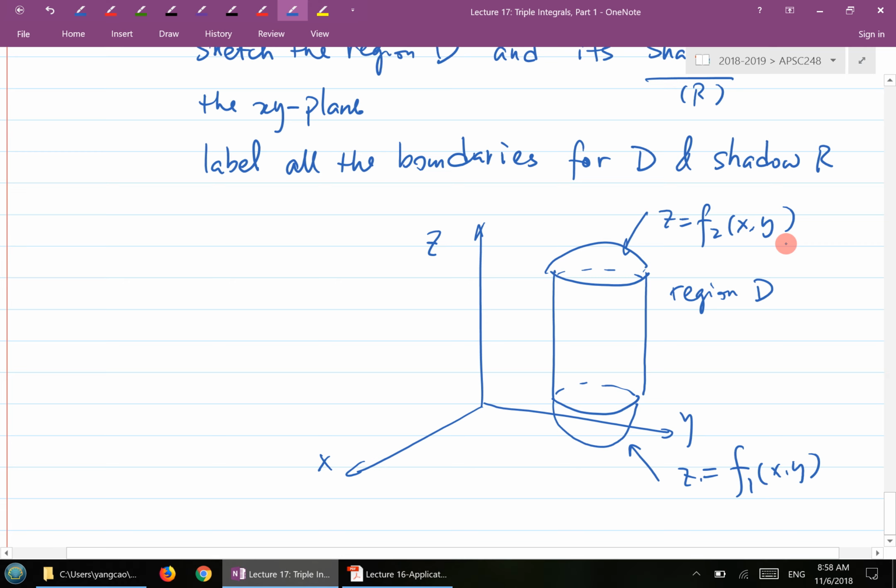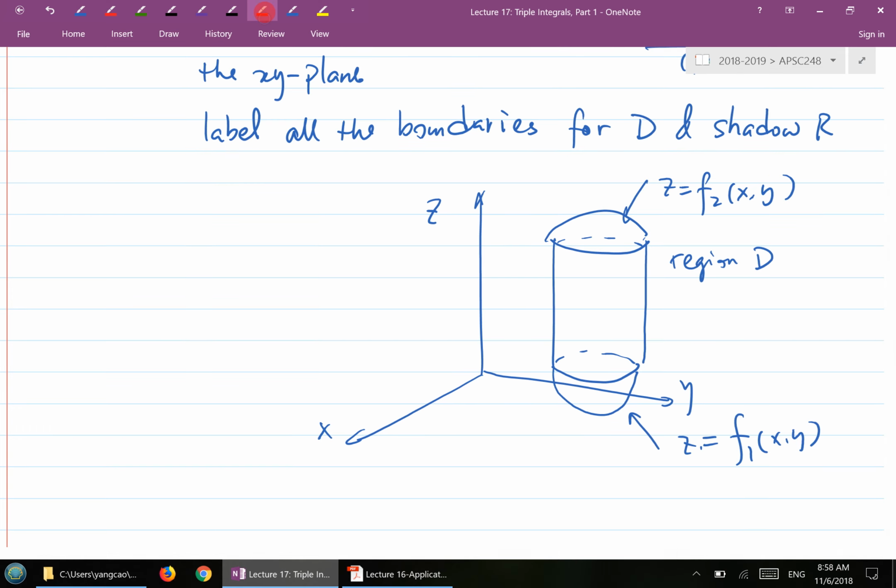And when you project this whole region D into the xy plane, theoretically you're going to get a certain shadow like that.